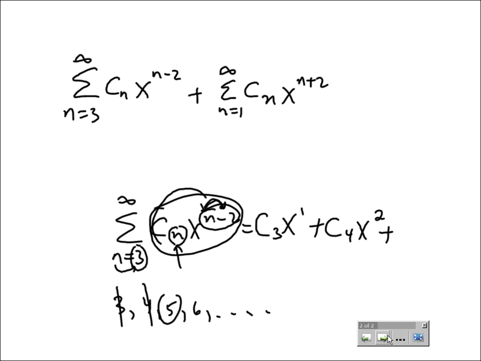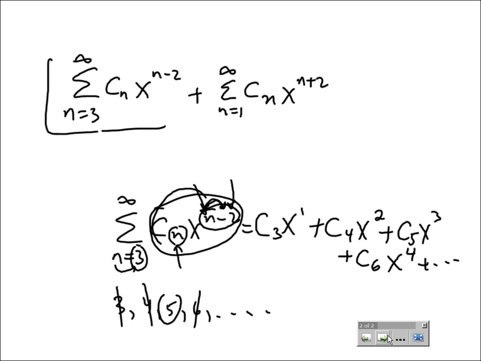So it's going to be c sub 5 x to the 3, because 5 minus 2 is 3. And then n is 6, so it'll be c sub 6 x to the 6 minus 2 or 4. Forever and ever. That's what that's going to be. And that was this piece, of course. The next piece will be similar.